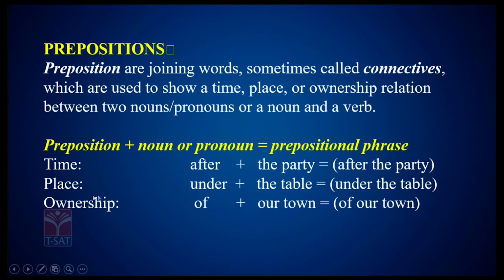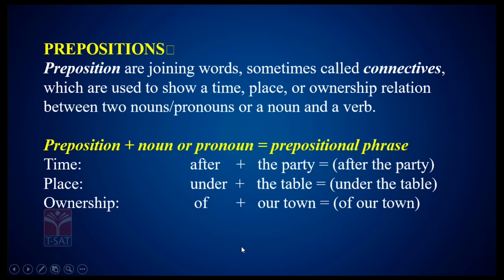With reference to place, under is a preposition of place, then the table. It is a noun. When we combine these two, we will have a prepositional phrase called under the table. Now, you see the ownership, of our town.